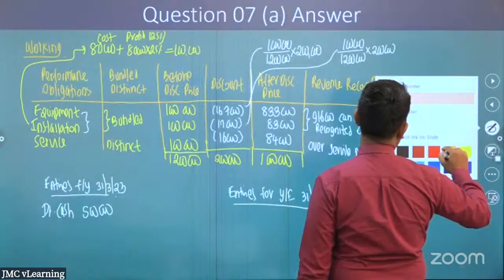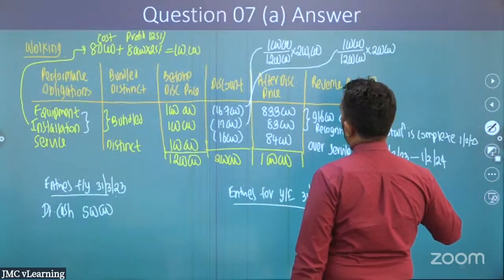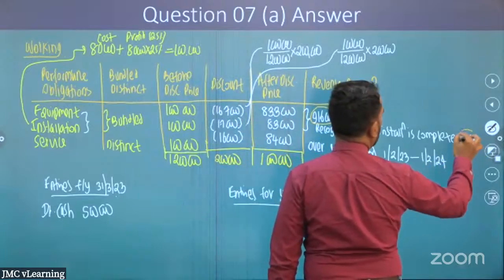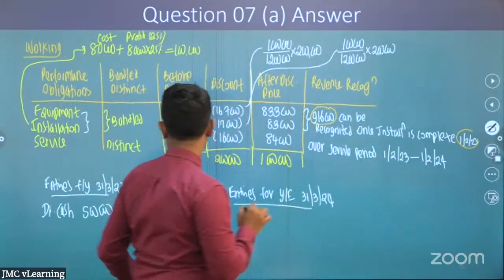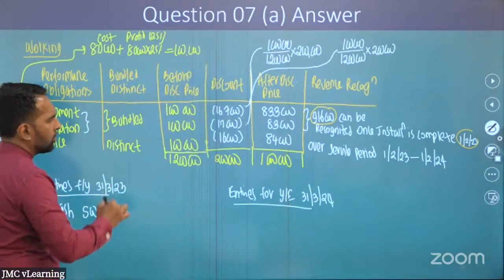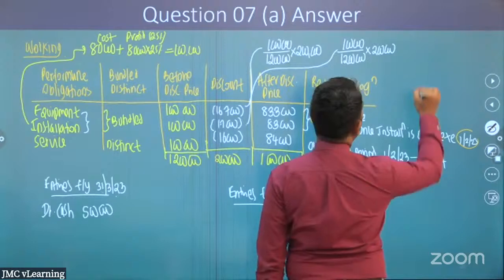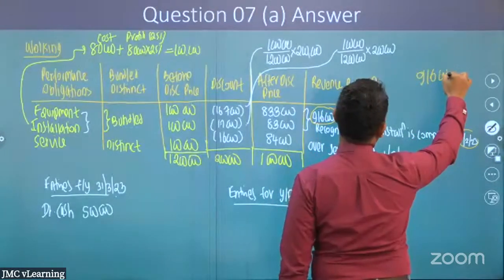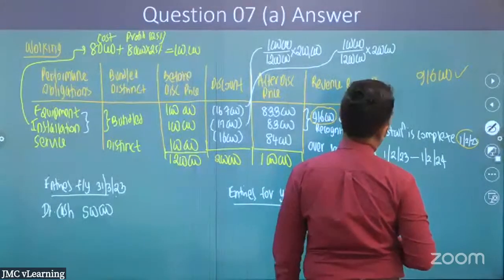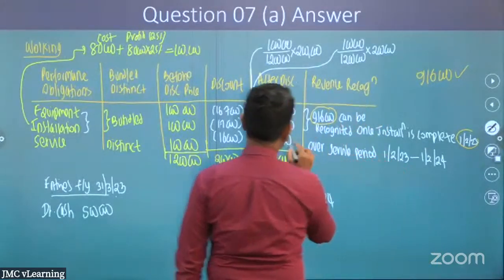How much income should be recognized? 916,000 can be recognized on 1st of February. We are looking at the year ended 31st of March 2023, so this 916,000 can be recognized in that year. Look at this service income 84.